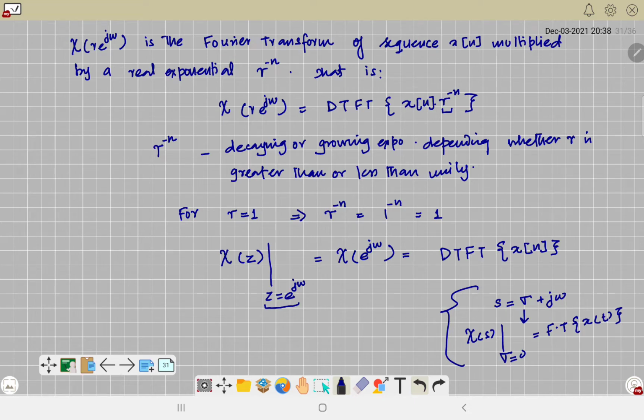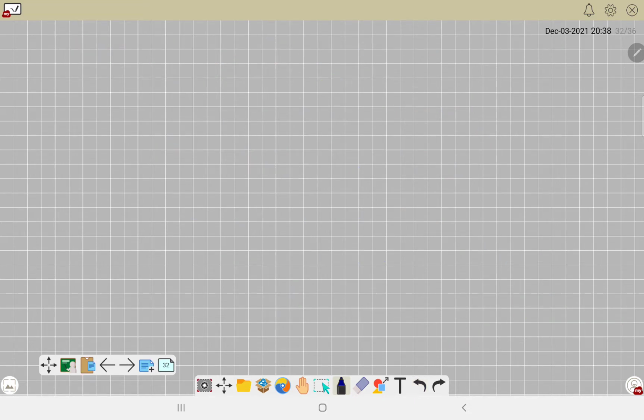Fine. In fact, there we had also proved that the Fourier transform is the Laplace transform evaluated for s equal to j omega, which from a region of convergence point of view means that the Fourier transform is the Laplace transform evaluated over the imaginary axis, the j omega axis.